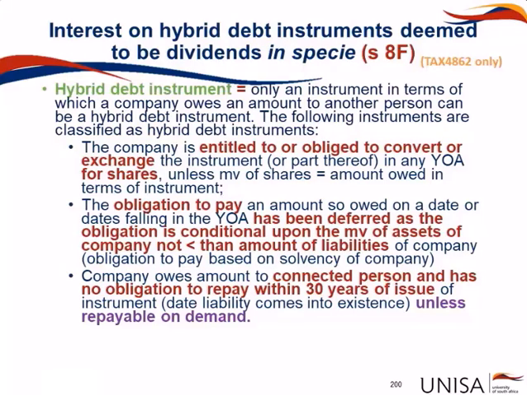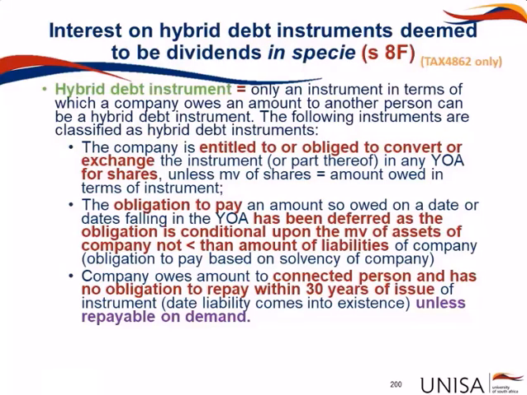The third criterion that could make something a hybrid debt instrument is where a company owes an amount to a connected person and has no obligation to repay that within 30 years of the issuance of that instrument. We count the 30 years from the date that that liability came into existence.